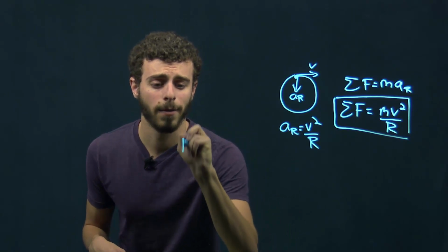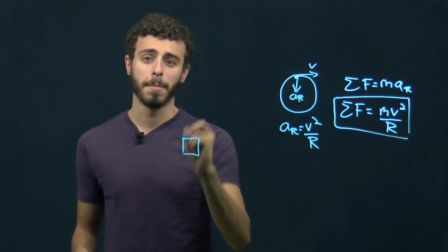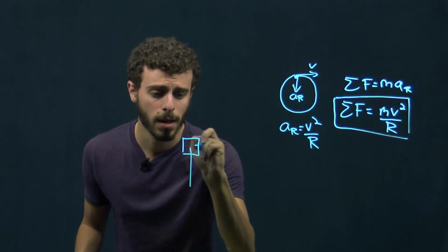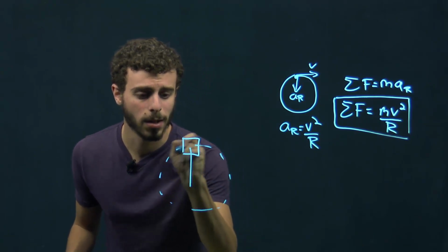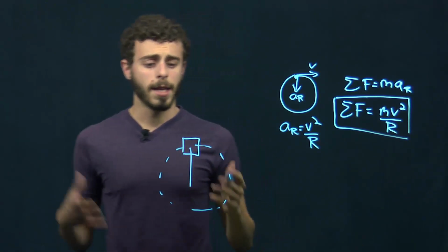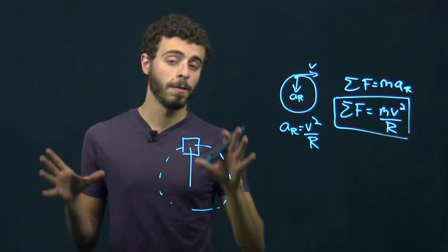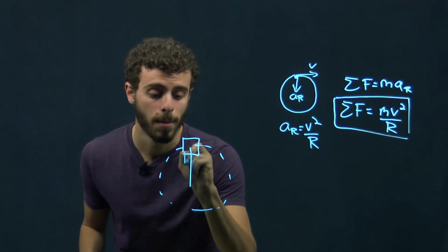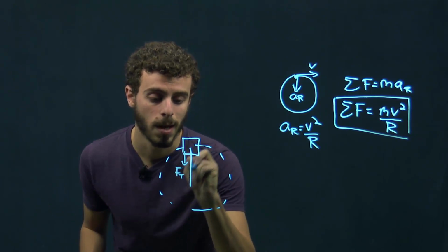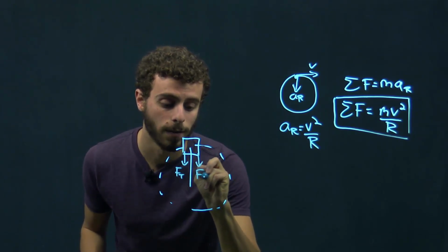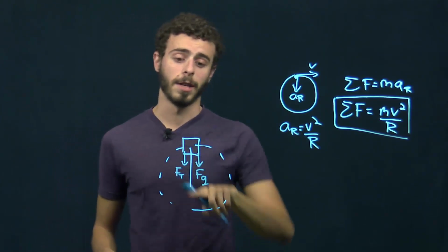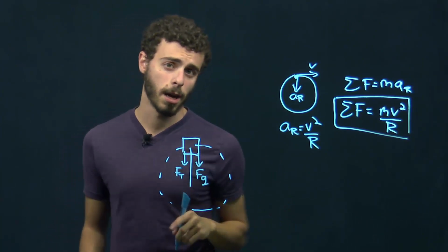So we can see that if we just think about a scenario where we have maybe a bucket tied to a string, and it's going to be traveling around in a circle here. At this point we know that there are only two forces acting on this bucket. There's no radial force itself acting on the bucket, but we do have a tension force and a gravitational force, and those are both pulling down. So we see at this point those are pulling towards the center of the circle.